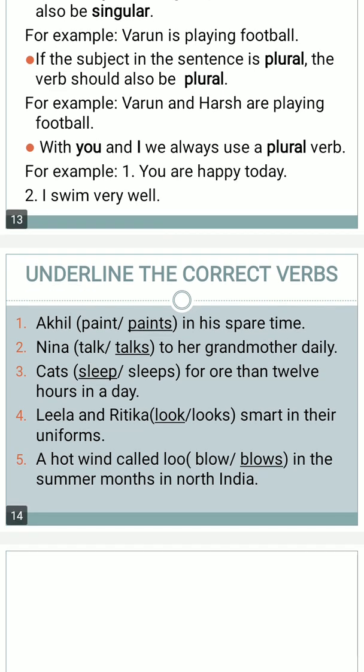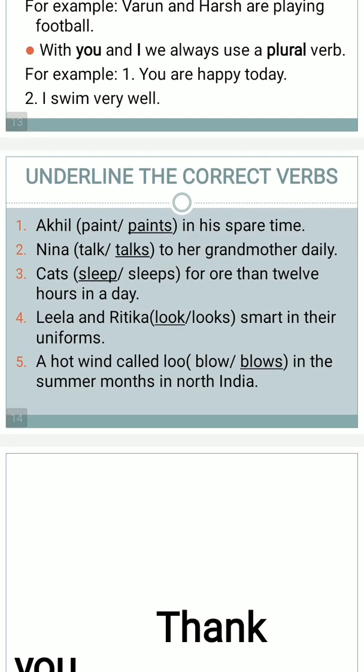Now we will underline the correct verbs. Akhil paints in his spare time. Whenever we are talking about one person, always the verb is plural. So, Akhil paints in his spare time. Nina talk or talks? Nina is one person, so it would be talks to her grandmother daily.